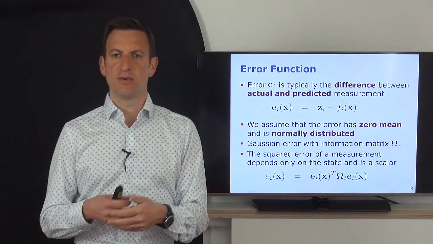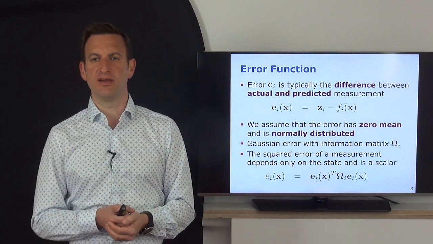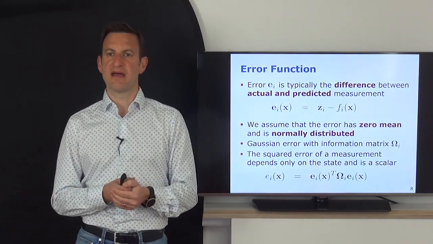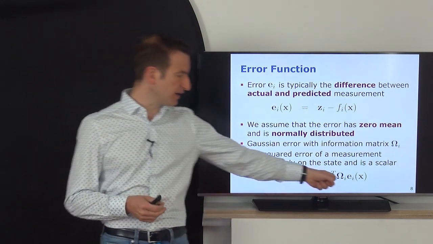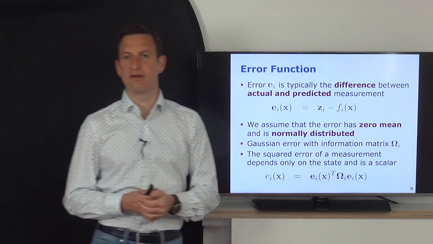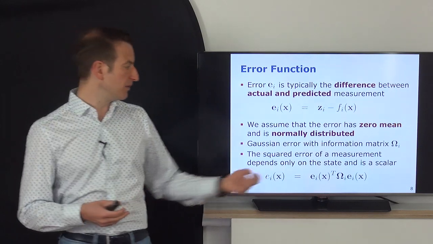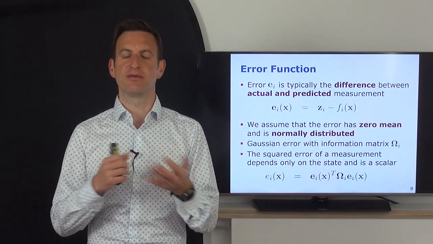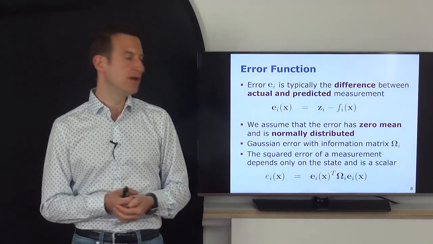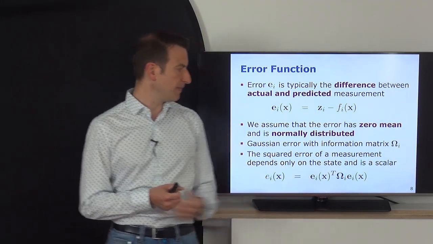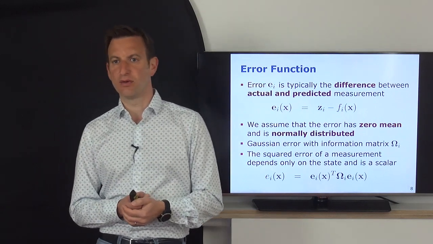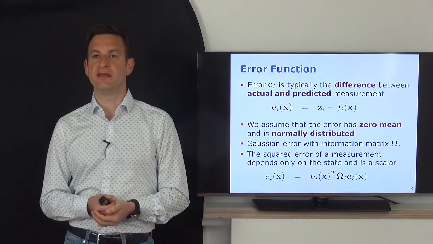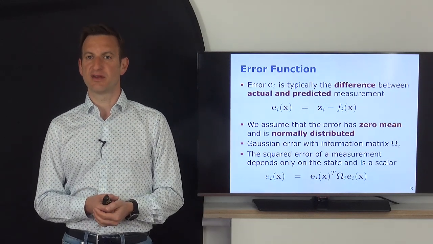So we already have a weighted least squares here. If we say all observations have the same uncertainty, then we can also leave that out, and then we just have the error function itself. But here we typically assume to have some notation of uncertainty, so we will keep this information matrix with us all the time. It encodes the uncertainty of the individual measurements, the observations that we have.